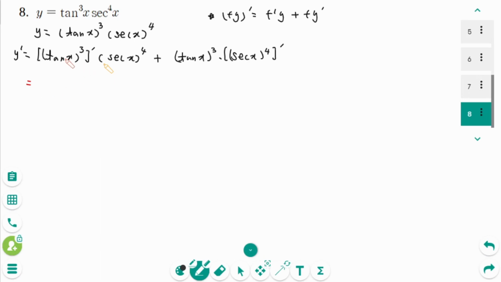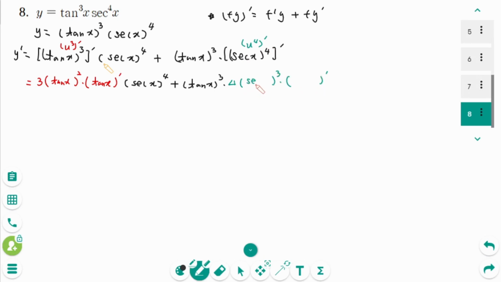Equals, think of it as u cubed prime, so 3u squared times u prime. The inner function is tangent x, times secant x to the power of 4 plus tangent x to the power of 3 times, think of it as u to the power of 4 prime, 4u cubed times u prime.